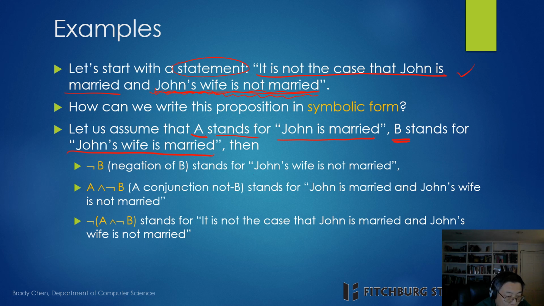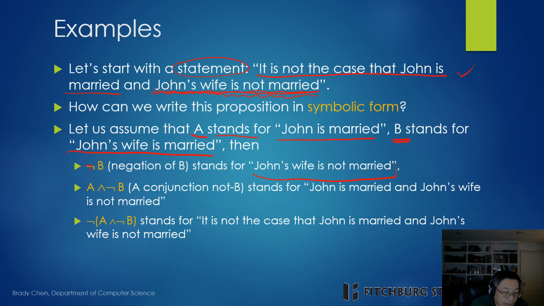That's John's wife is not married, right? That's part of this bigger statement. So we use negation. Negation of B stands for John's wife is not married.